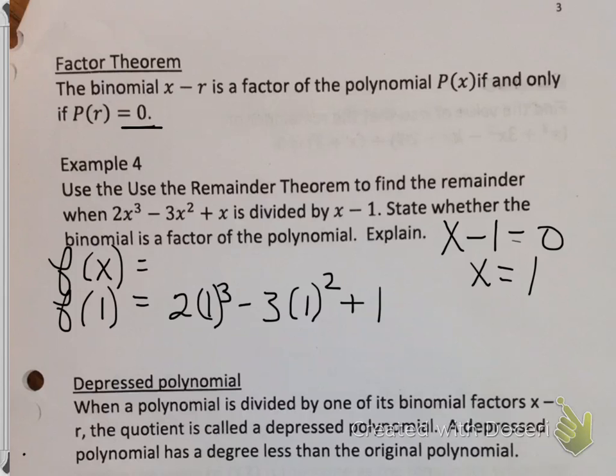So we get 2 minus 3 plus 1, and notice that is going to be 0. And so, explain, state whether the binomial is a factor. Yes, it's a factor, and that's because f of 1 is equal to 0.